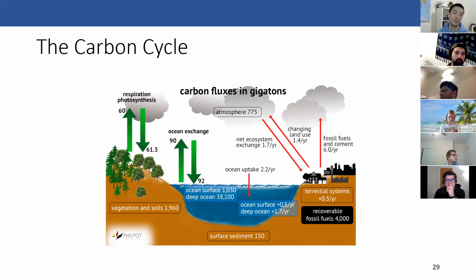I think those numbers are probably a little different now, but the general idea is that on an order of magnitude scale, anthropogenic emissions are about equal to the total natural emissions from non-anthropogenic sources annually.